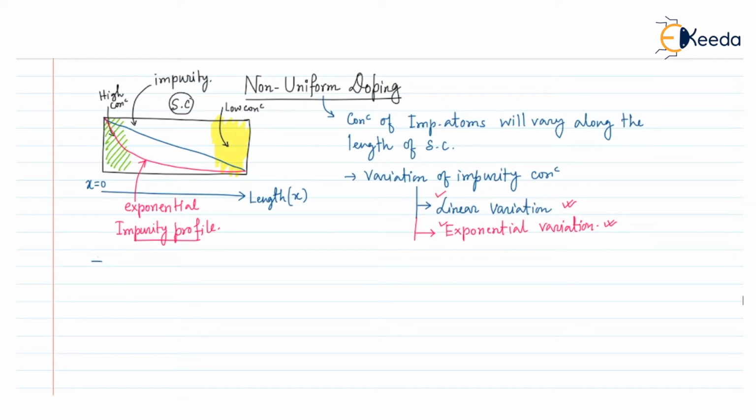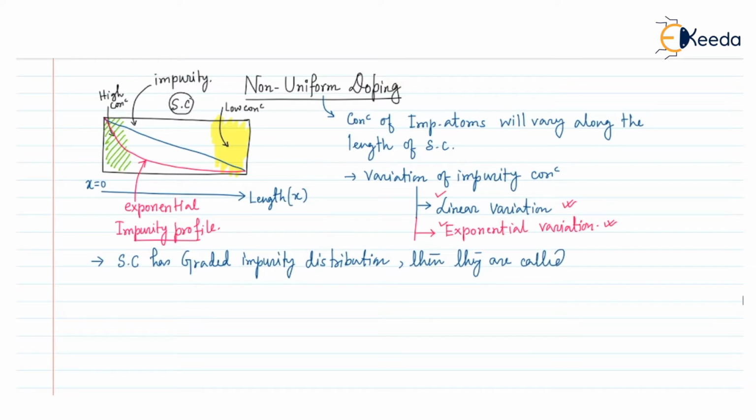That means if the semiconductor has graded impurity distribution, it is called a non-uniformly doped semiconductor.